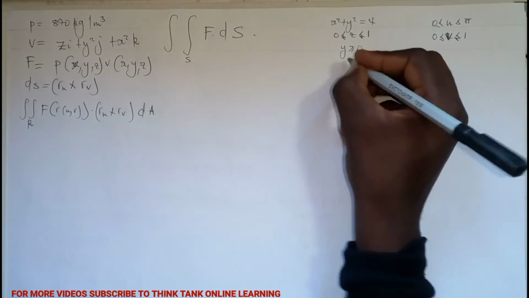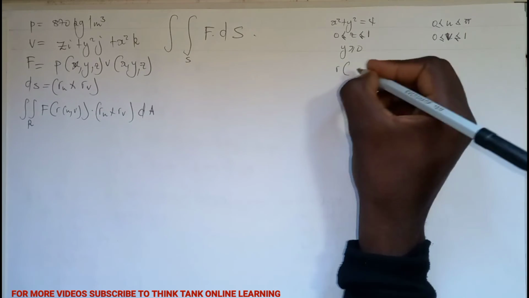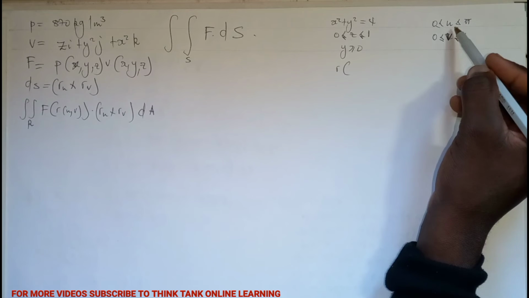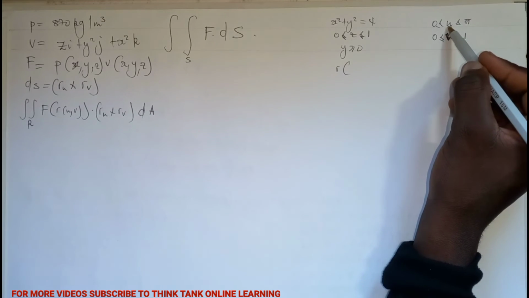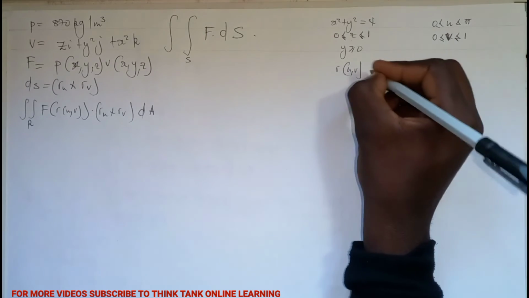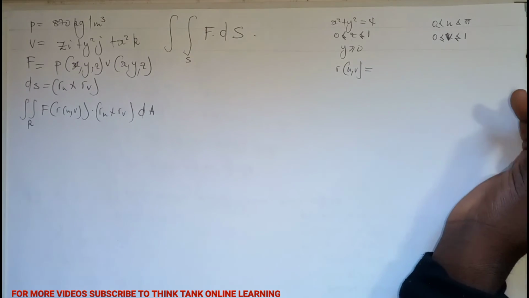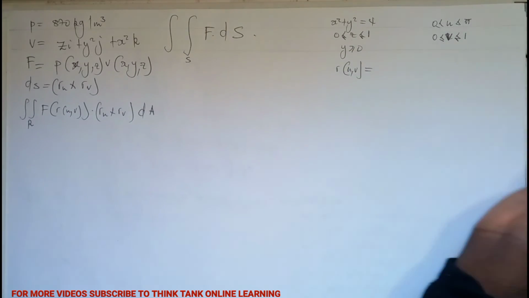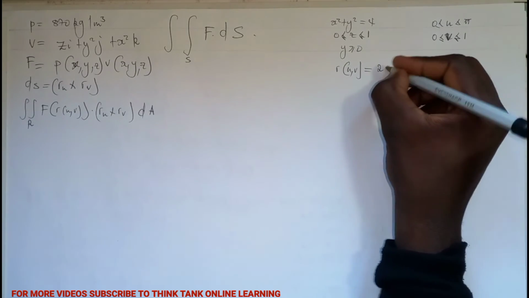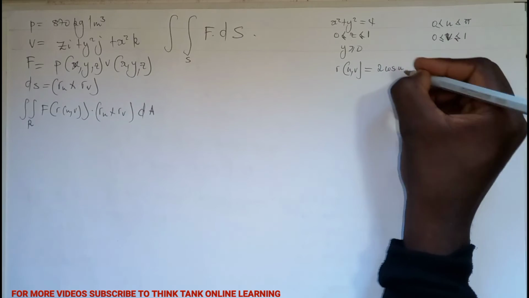So I'm going to set my parametric variables, u and v. So r is going to be x. What is x? It is r cos theta, and r is 2. This radius cos u.